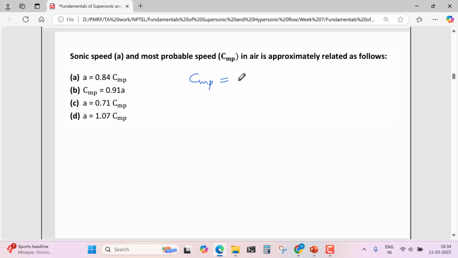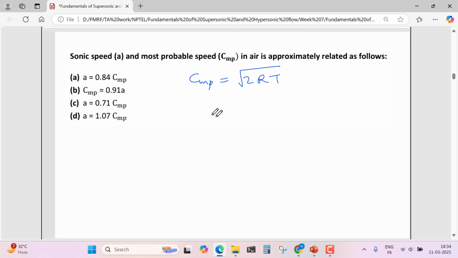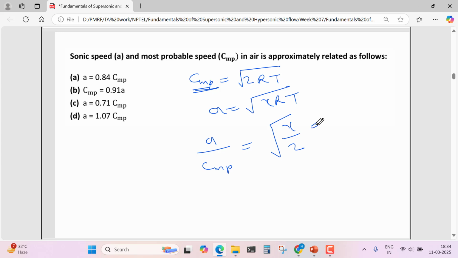So C_mp we found already, under root 2RT/M. Sonic speed is given by under root gamma RT/M. So if you want to find the relation of A upon C_mp, it will become under root gamma upon 2. Here gamma, generally for air, equal to 1.4.